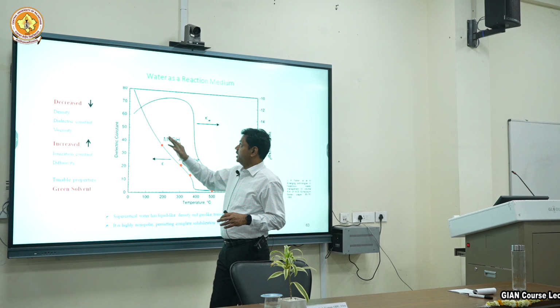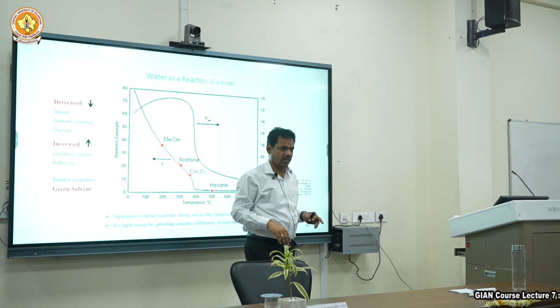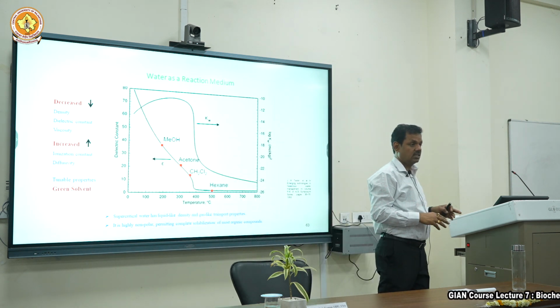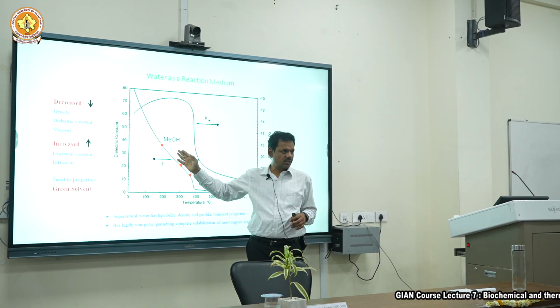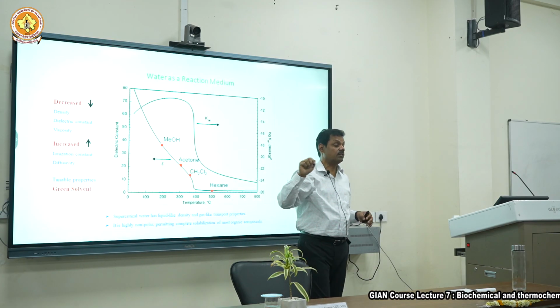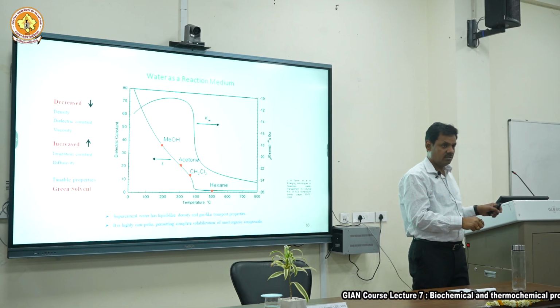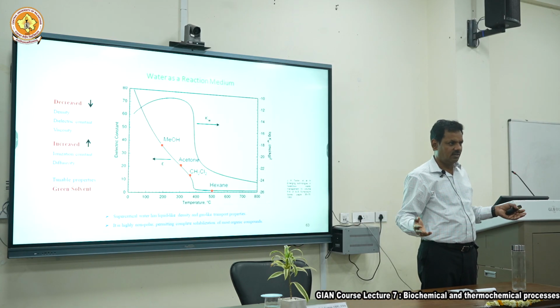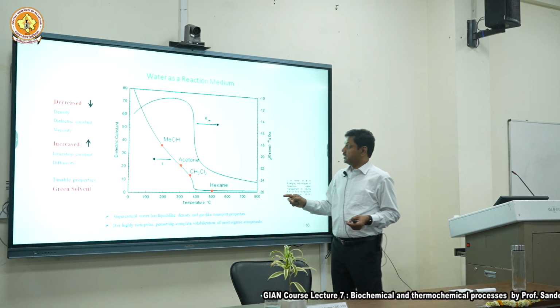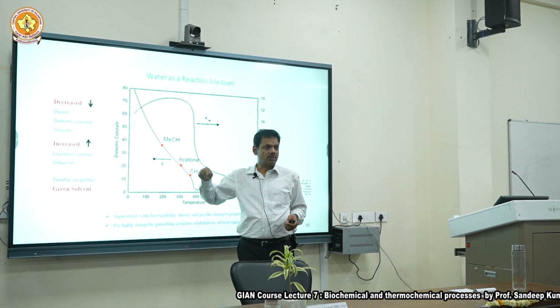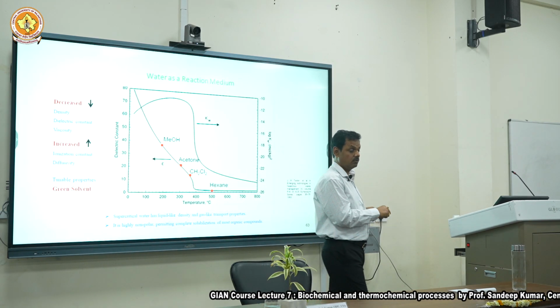When you start at ambient temperature, it is about 78 already. Okay? If water comes to 200 degrees at that temperature and pressure, it acts like methanol. What can you do with methanol? Methanol is a solvent, am I right? Water at that temperature can do much of what methanol can do.